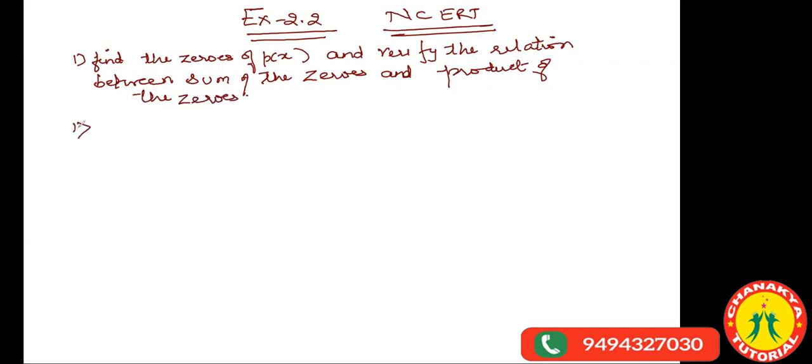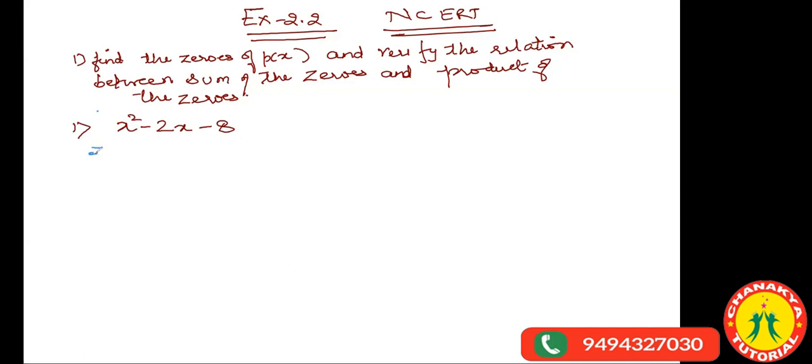Your first question in your NCERT book is x square minus 2x minus 8. So, just tell me, what will be our first step to solve this type of question? We'll take them as a, b and c. You will first of all split the middle term, right?